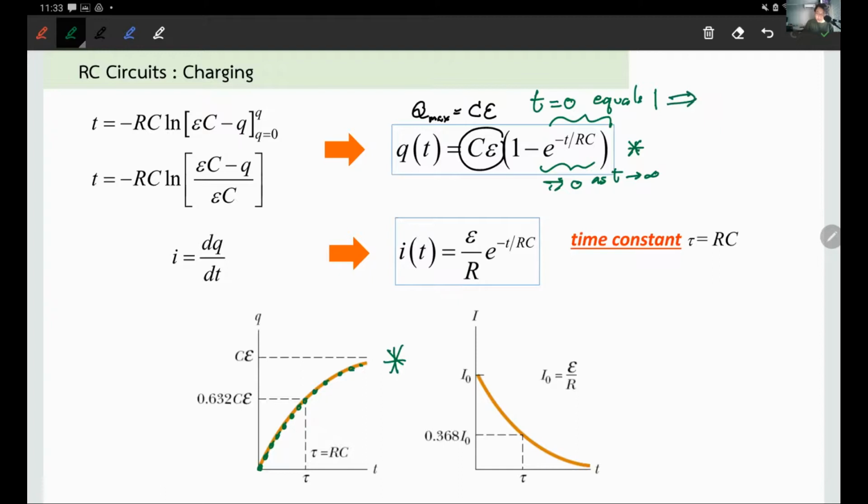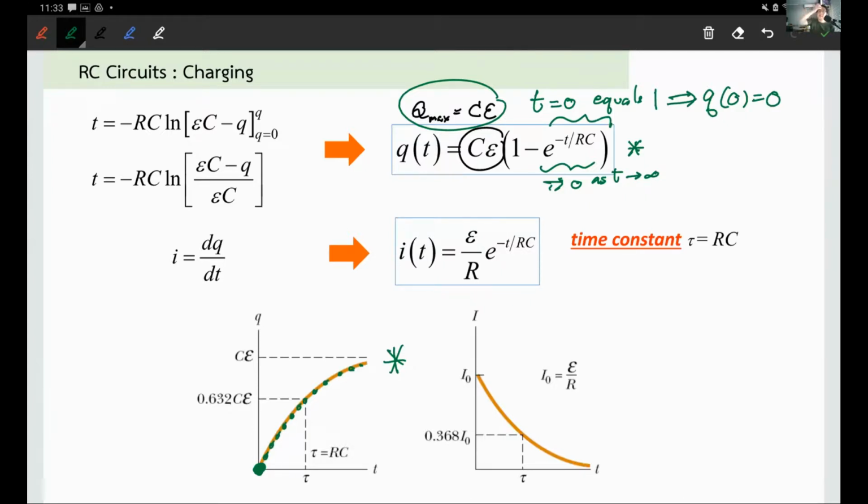So that means q at 0 is 0. That's perfect. That's what we agreed. Because at the initial time, it's a blank capacitor. Nothing is happening, so the charge is still 0. But when the charging process goes on, the charge will build up inside the capacitor. And then when you wait long enough, you're going to get a fully charged capacitor of CE. Sounds good? All right.